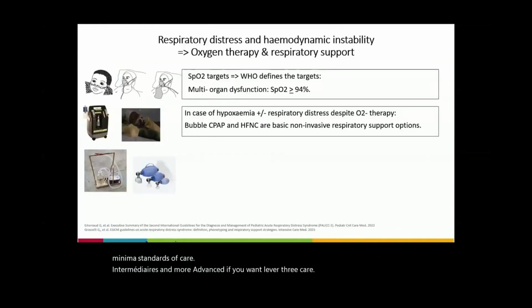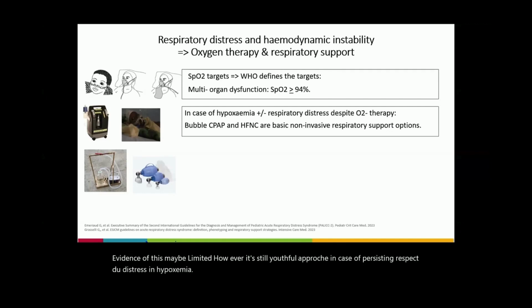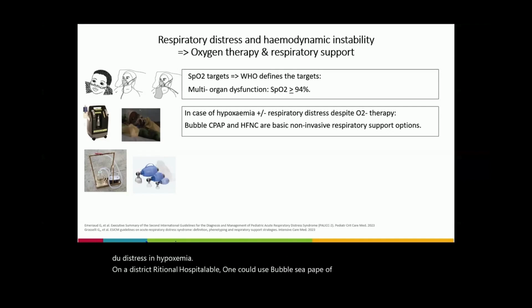If we come to respiratory support in a child with respiratory distress and hemodynamic instability, WHO defines SpO2 targets, which we should achieve, of around 94%. Evidence for this may be limited, however, it is a useful approach. In case of persisting respiratory distress and hypoxemia, on a district or regional hospital level, one could use bubble CPAP or high-flow nasal cannula oxygen.